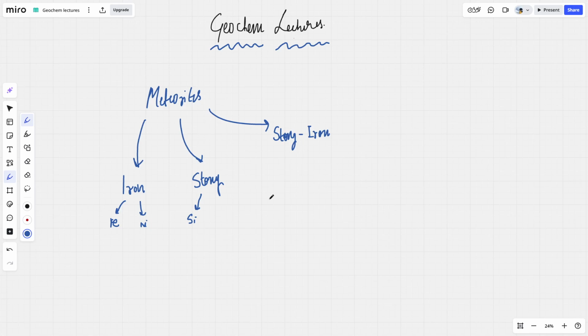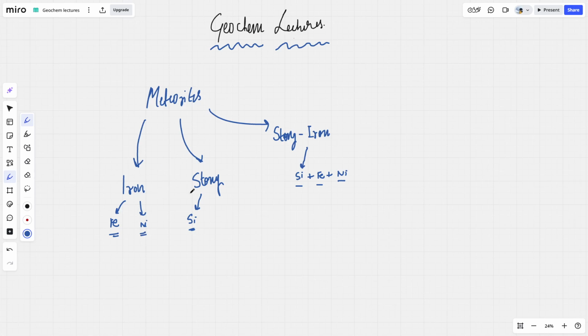Okay, and in stony iron meteorites, it's a mixture of both silicates as well as Fe and nickel. So there is iron, there is nickel, there is silicon. Whereas in stony meteorite, we only get silicon. In iron meteorite, we get Fe and we get nickel. Fine.